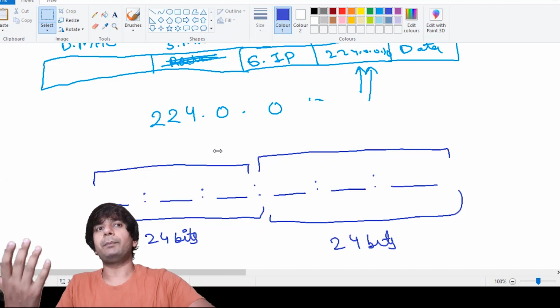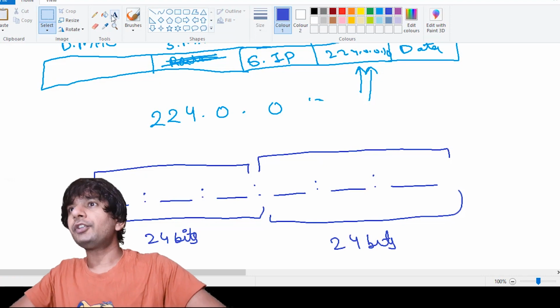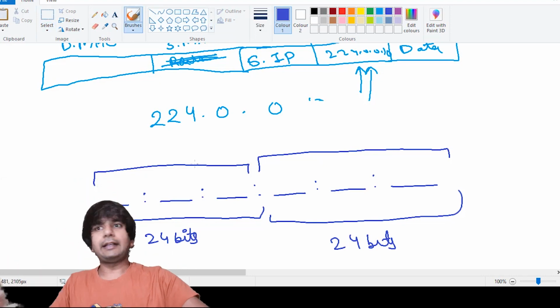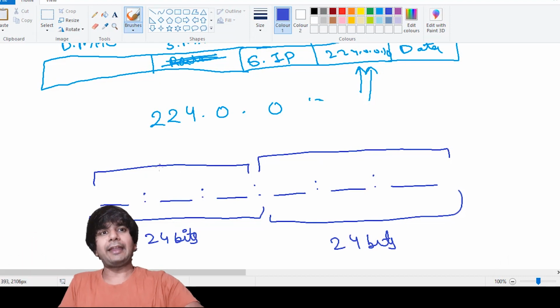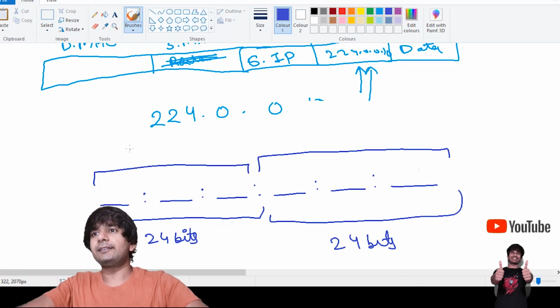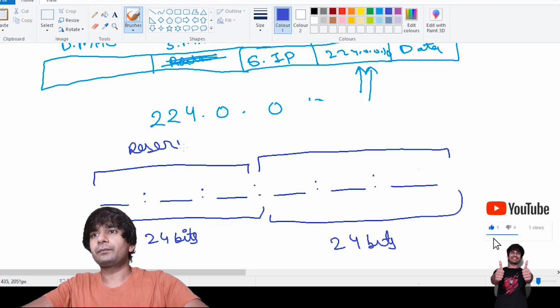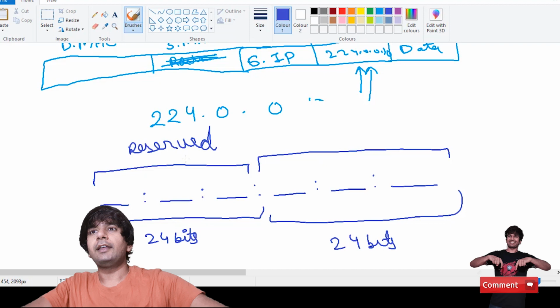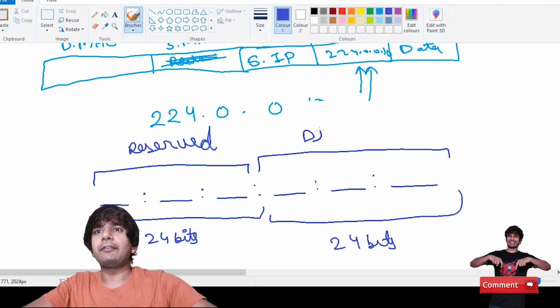It belongs to a particular protocol. So in this multicast MAC address, these 24 bits are reserved, and these bits are derived.